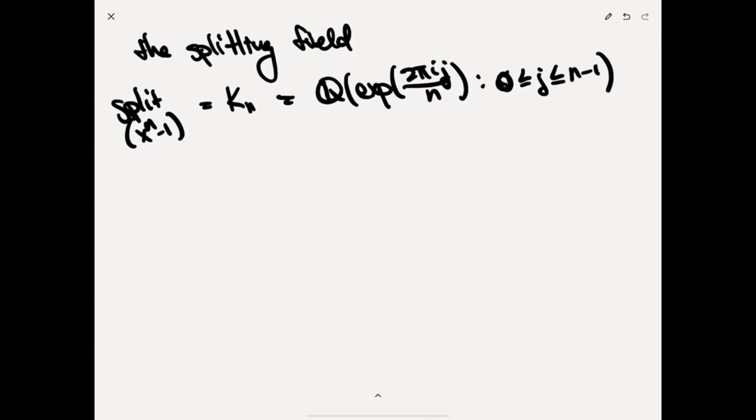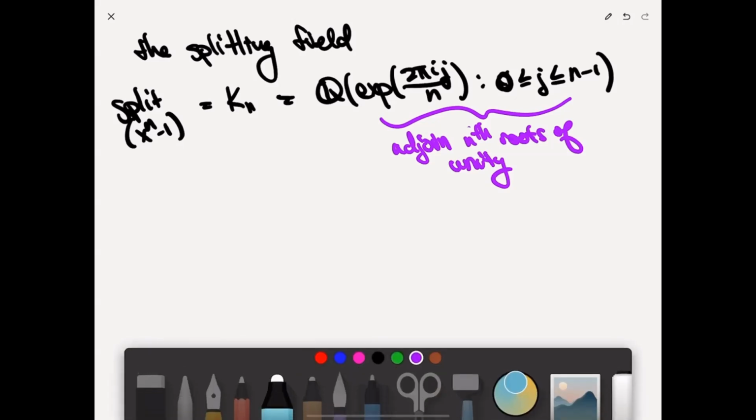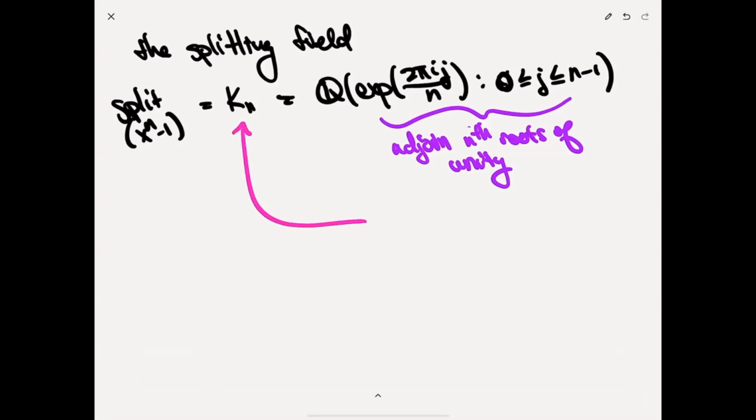Here we've adjoined the nth roots of unity, and this field has a special name. This is called the nth cyclotomic field.